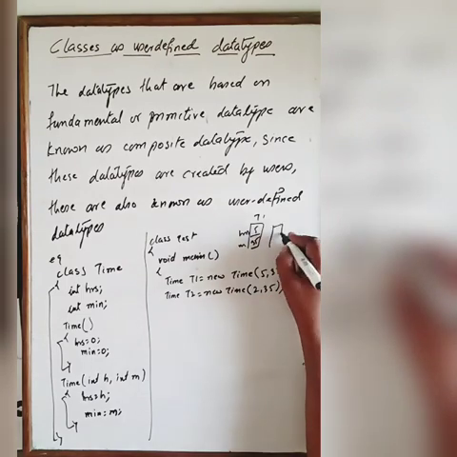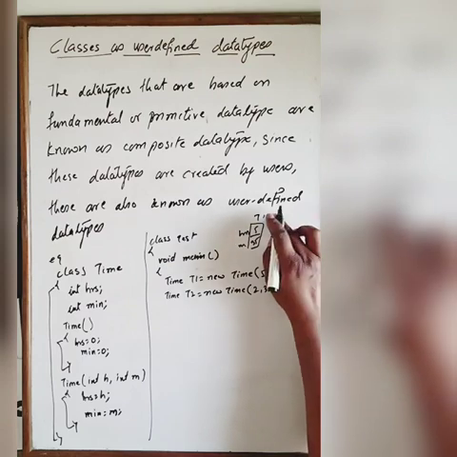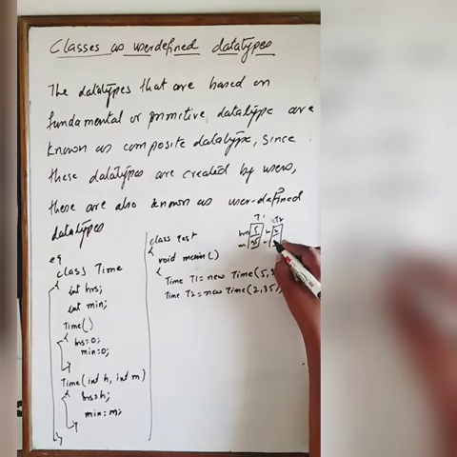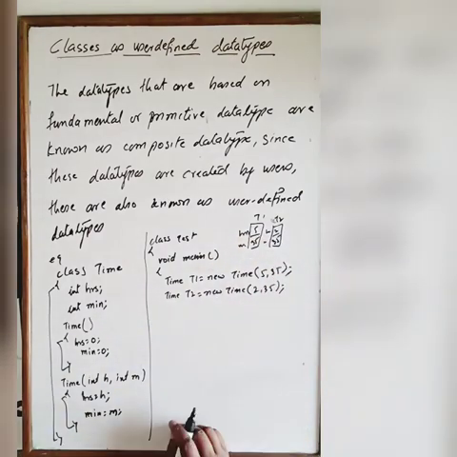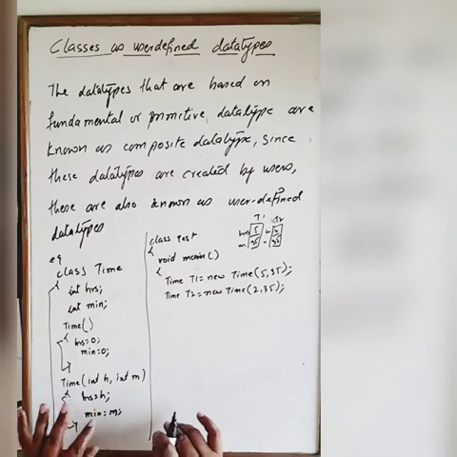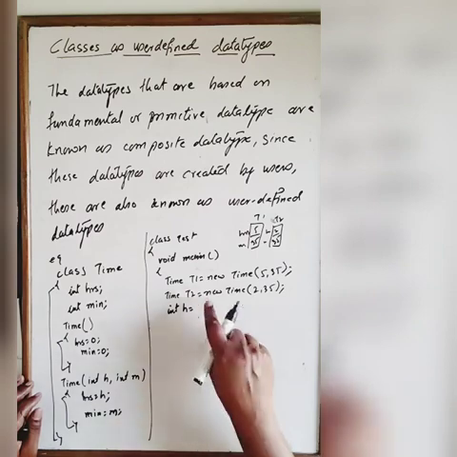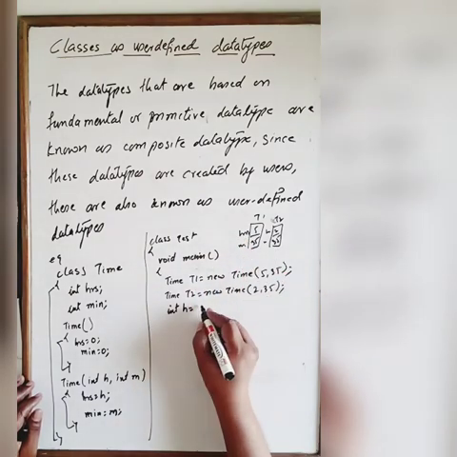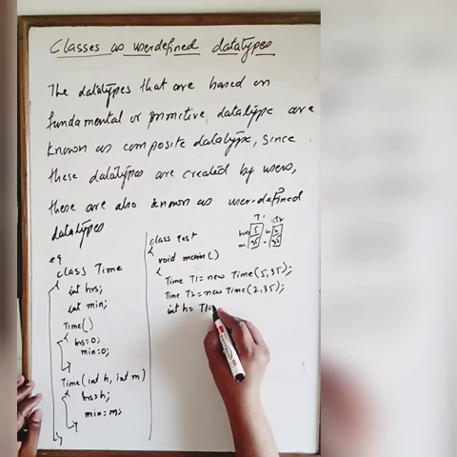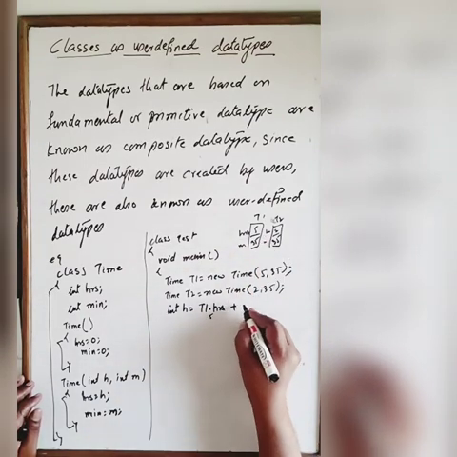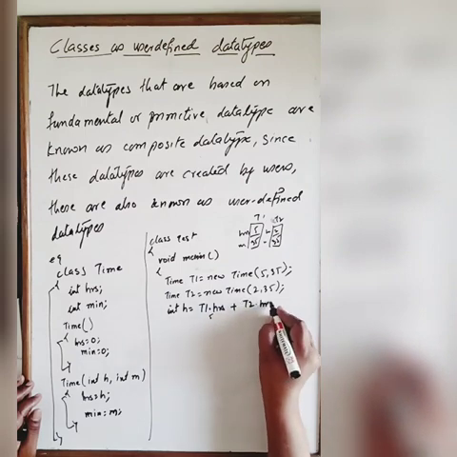So another Time object t2 with the same data members hrs and min will be there, and here 2 and 35. Now suppose I want to add these two times. Here in class Test you have to see how the object's variables are used. I'm having h as hours, and of this object the hours part, so I'll write object dot hrs, so your 5 will be substituted, plus object 2 dot hrs.